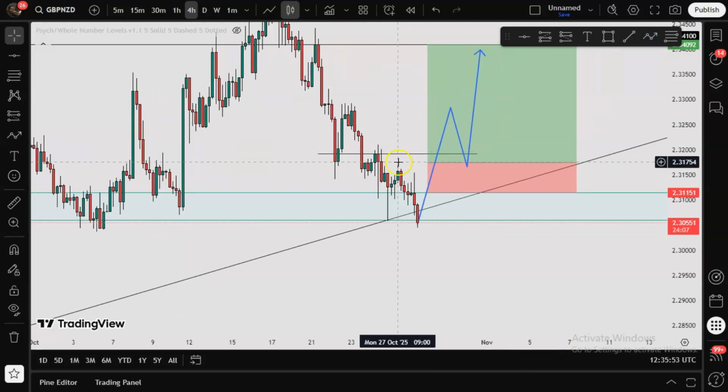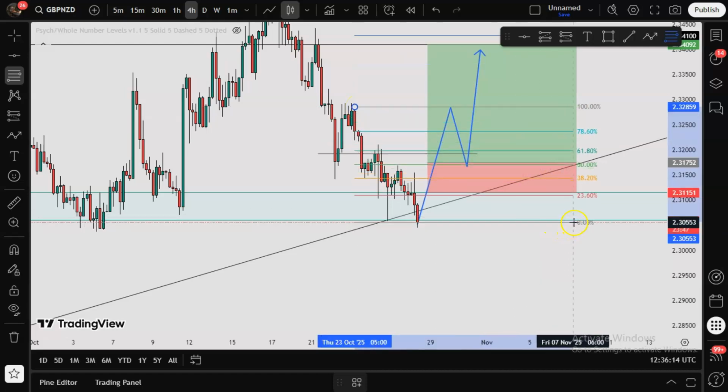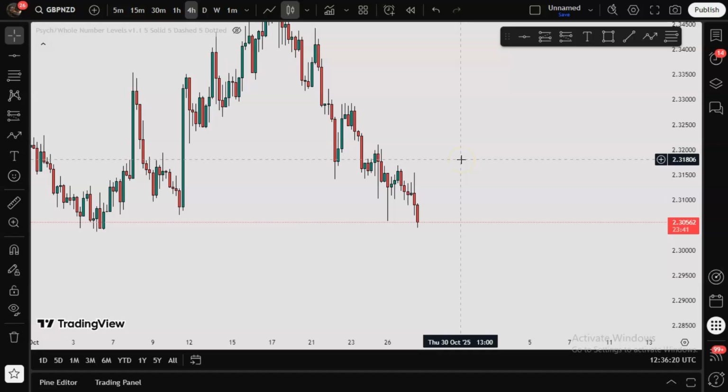My target is when price breaks this line over here. If there is no area of interest over there, or maybe a psychological level, what I'll do is mark out my fib. Maybe the price closed over here on the forward chart, I'll take my fib over here and draw it from the body, and then I'll wait for price to retrace to 50% of it, and then I'll enter on this row.